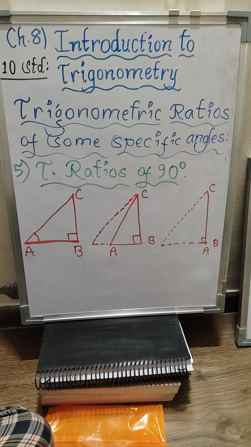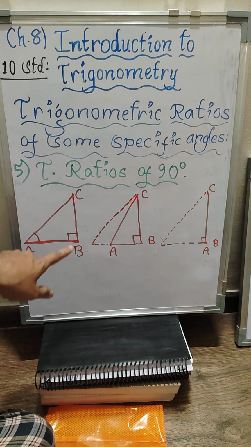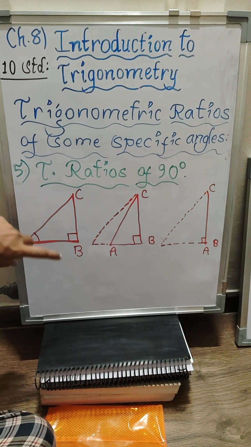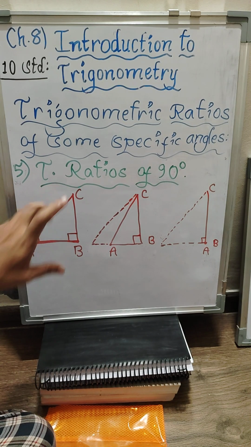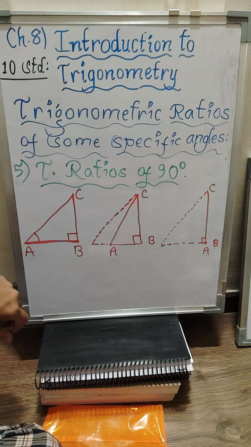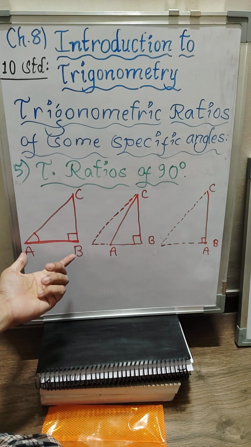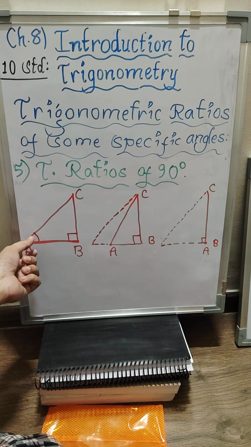Let us find out the trigonometric ratios of 90 degrees. At first we shall take one triangle. In this triangle, AC is a hypotenuse, AB is a base and BC is a perpendicular here. And here the length of AB is so decreased such that angle A value becomes 90 degrees.